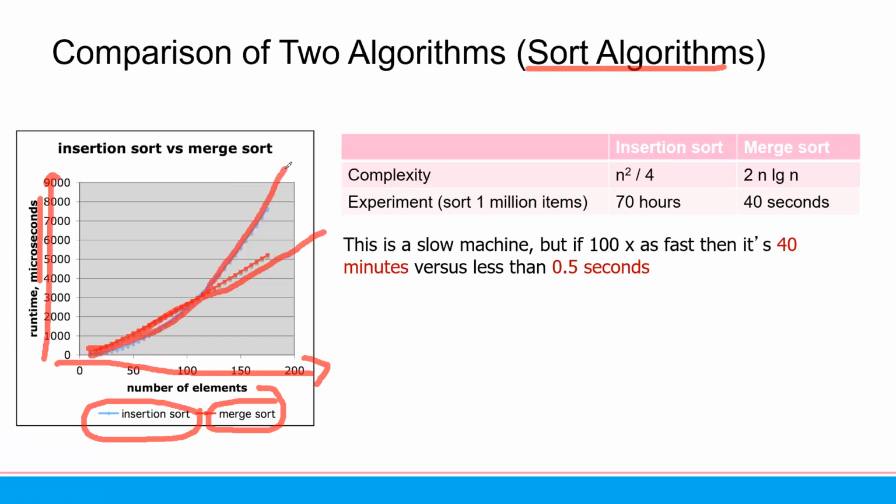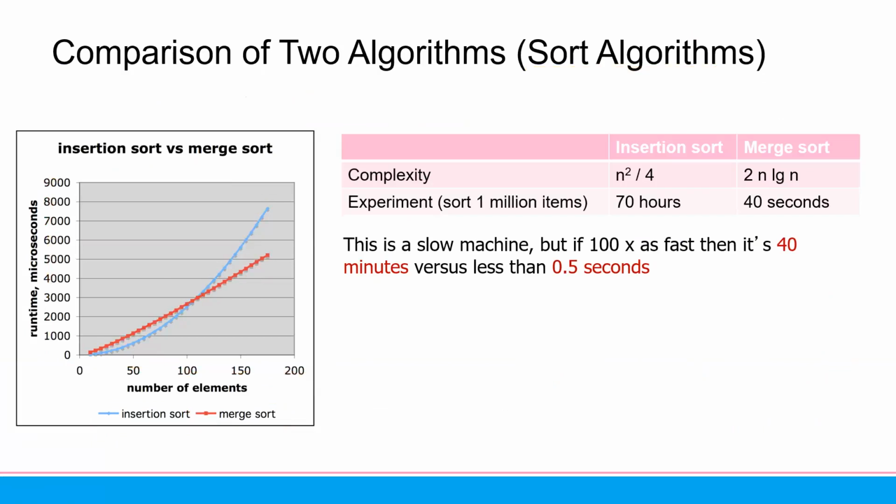So which one is better? The blue or the red algorithm? Yeah. Blue. Why blue algorithm? The blue algorithm, it shows good performance at the first time.